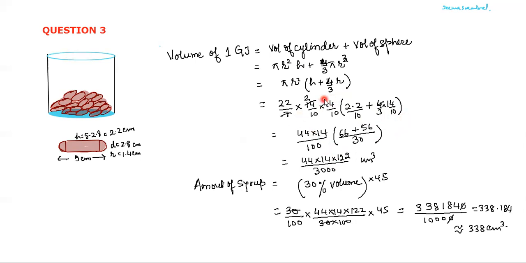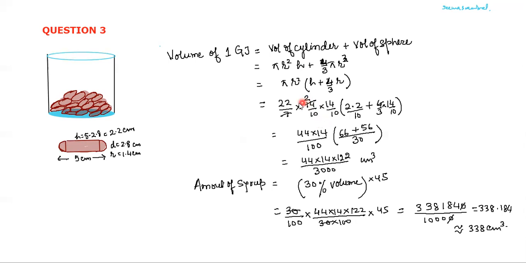Cancel out whatever you are able to cancel, but don't touch these tens. Never touch tens until and unless you are able to cancel complete of it. If I cancel it I will be left with 5. Division by 5 is difficult in comparison to division by 10. If you have 10 in the denominator, you will just transfer a decimal, but if you have 5 you have to divide. So please don't cancel any 10 until you are able to cancel it completely.